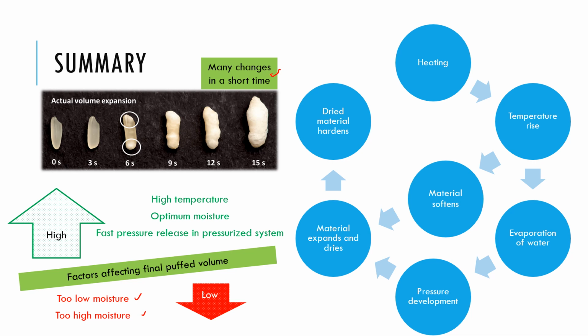It is not great to have very high moisture. So to get high puffed volume, we have high temperature. Higher temperature gives higher puffed volume. The optimum moisture, not too low, not too high.